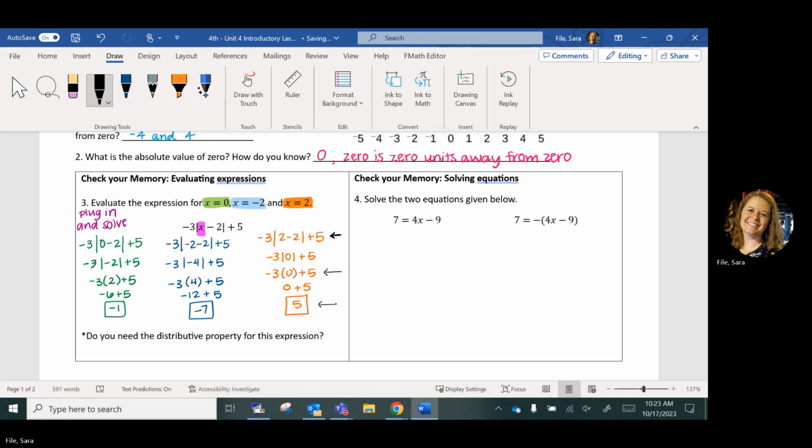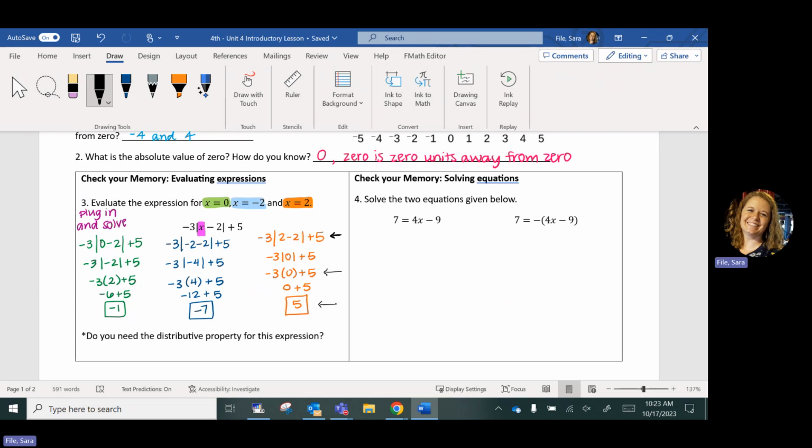Good? Did we use distributive property on any of those? We did? We multiplied. Yeah, we multiplied. But distributive property is when, like, distribute means like hand out, pass out.